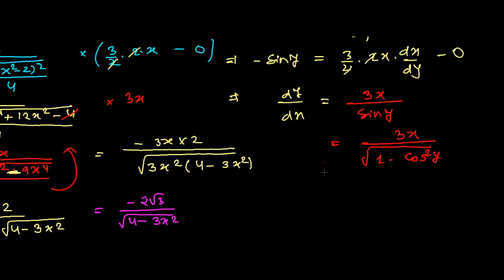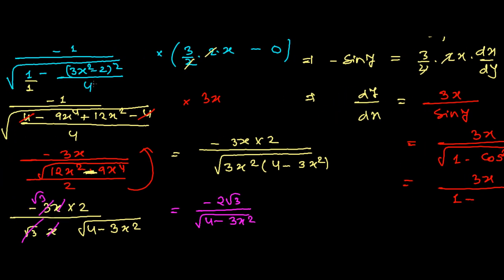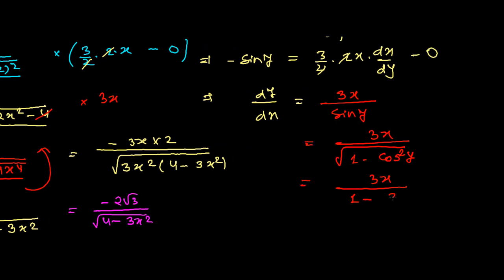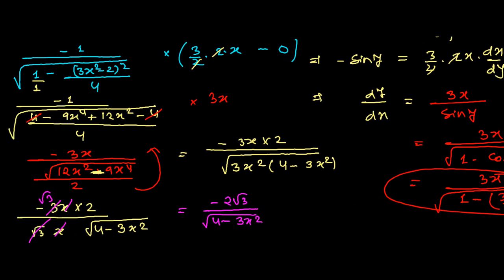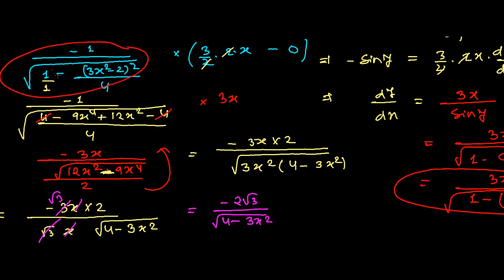All right, and it will be 3x, and now 1 minus the same thing it is now, see, it is almost same thing we're getting, 3x squared minus 2 by 2. All right, that's a square, 3x square minus 2 by 2 whole square inside the root. And now you solve it, because the same quantity we solved it here. All right, this is the same quantity.